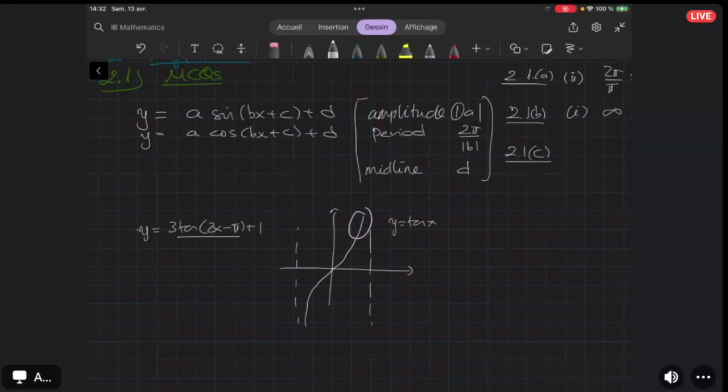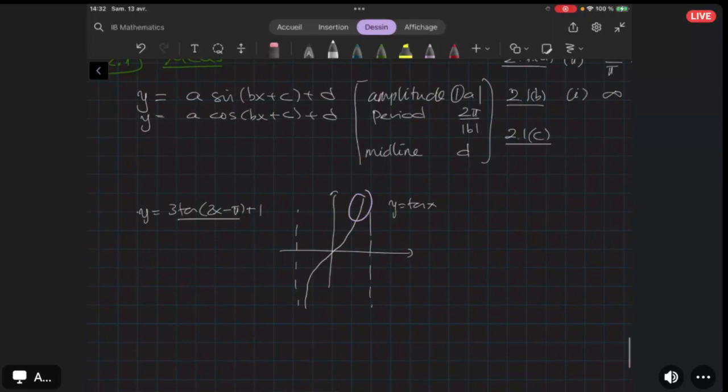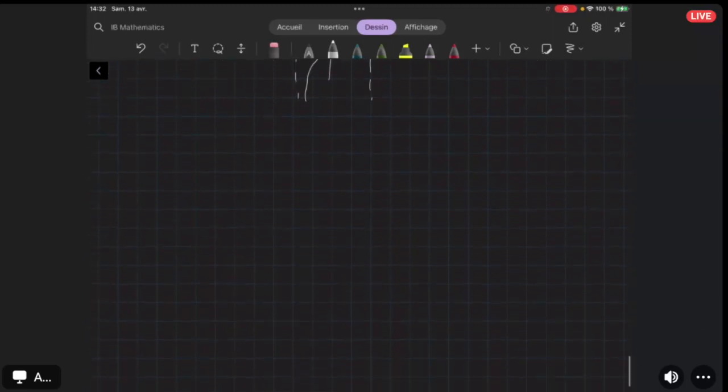Maybe we should skip 2 and go straight to 3. That's going to be quicker, punchier. 3. Maximum and minimum values.